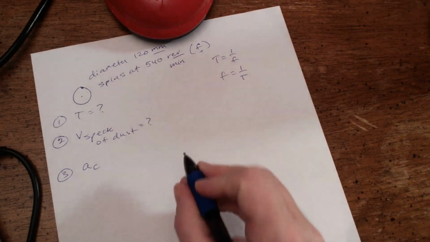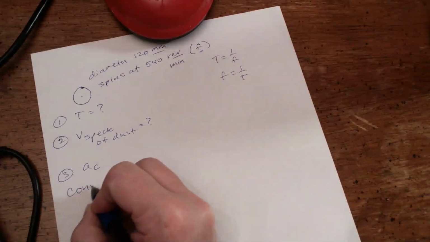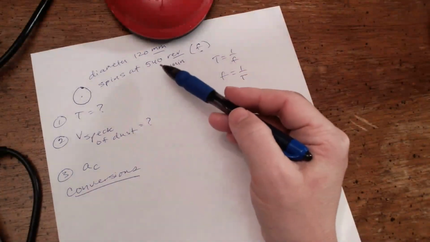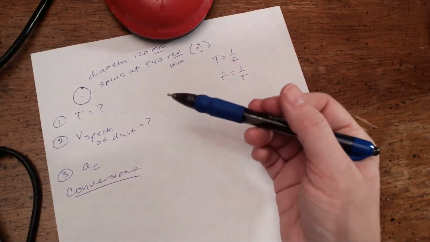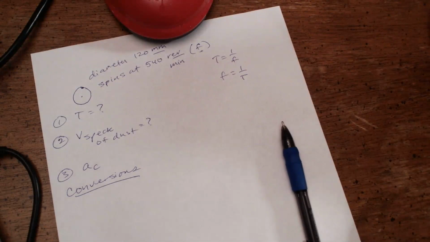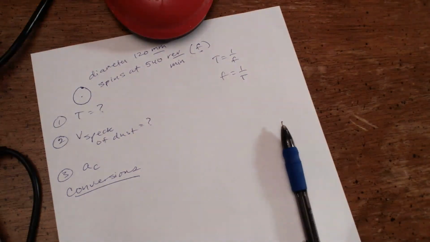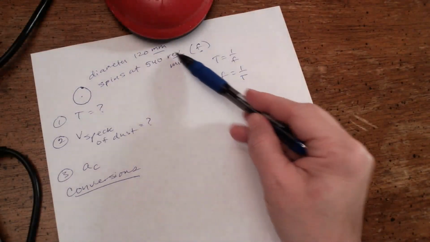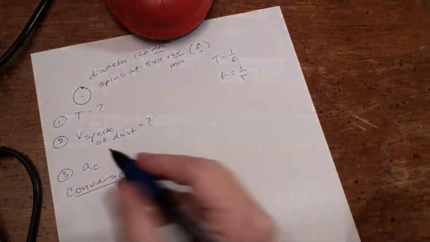So before we start, we need to do some conversions because we always want to be in meters, we always want to be in seconds, we always want to be in kilograms. That's not here, but you always want to go back to those base units, and we can see that we got a couple of these that are not in our base units.